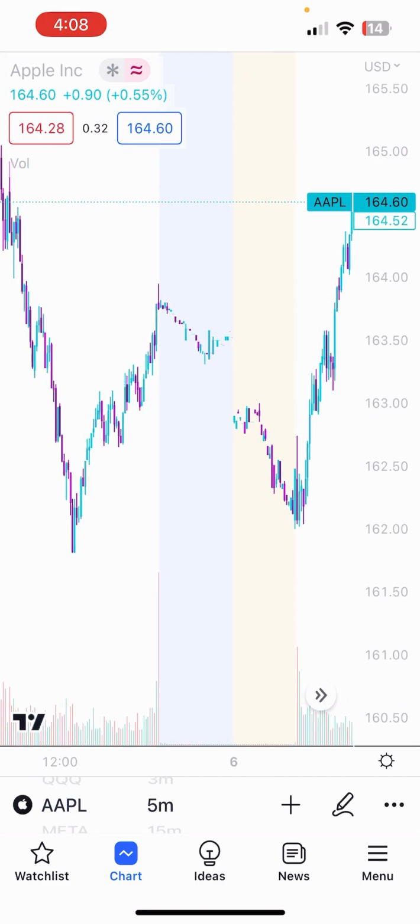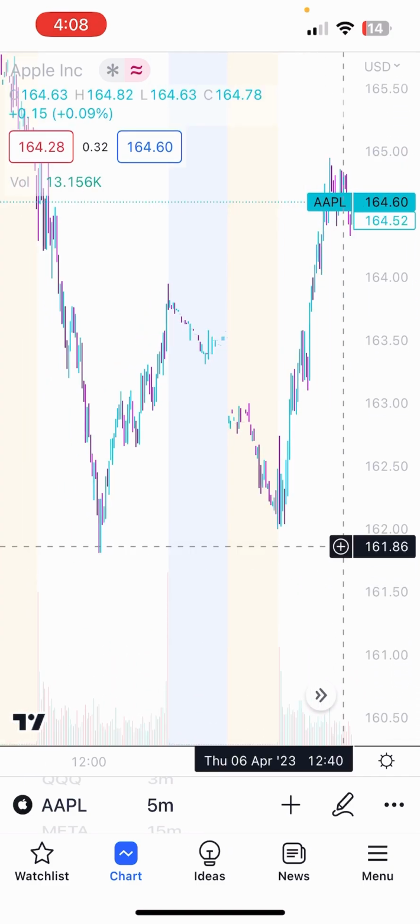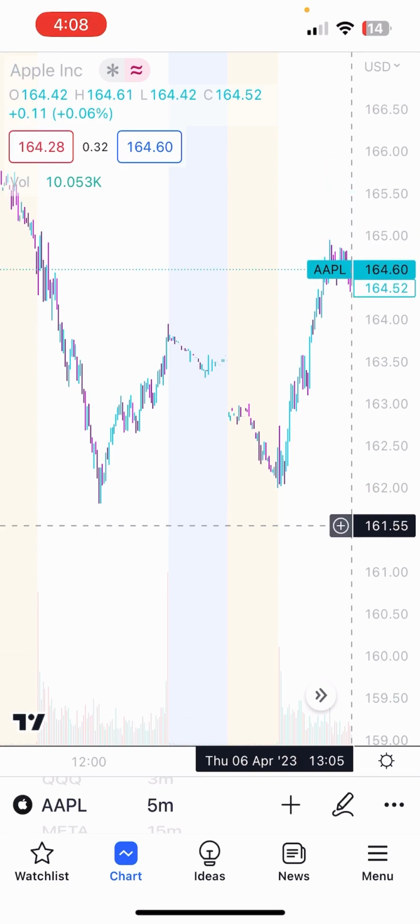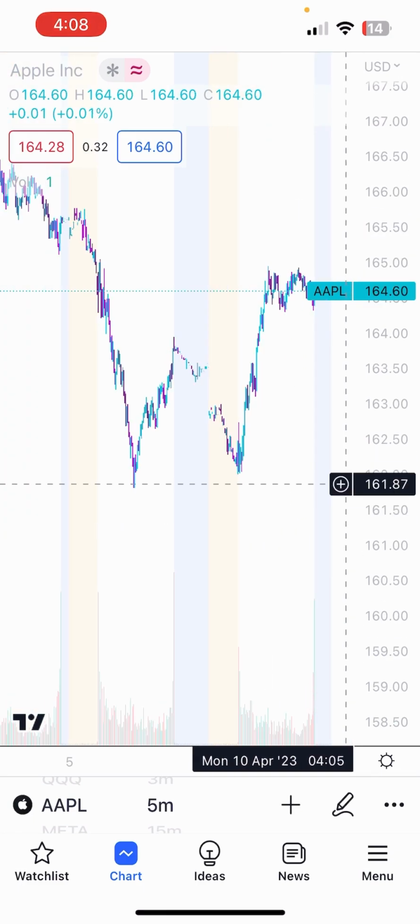First of all, a double bottom is the first thing you see here. A double bottom is when a price hits a level, goes wherever it wants to go, and then comes back down to that level before exploding to the upside.